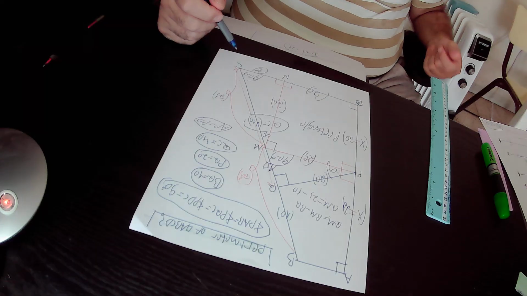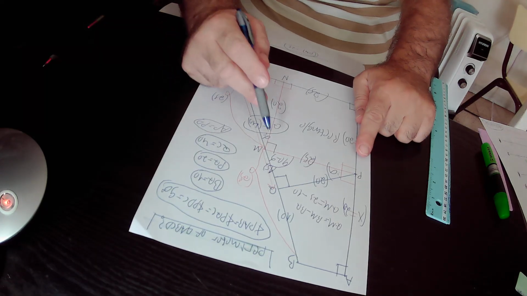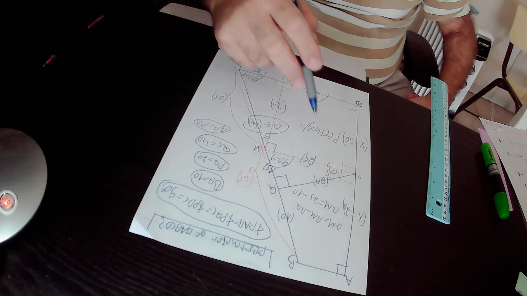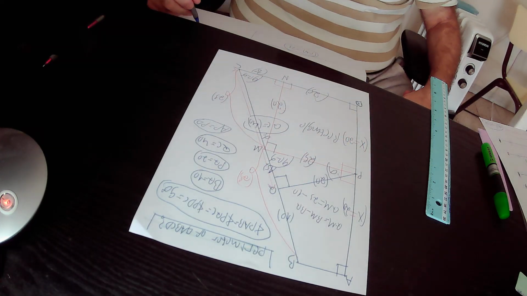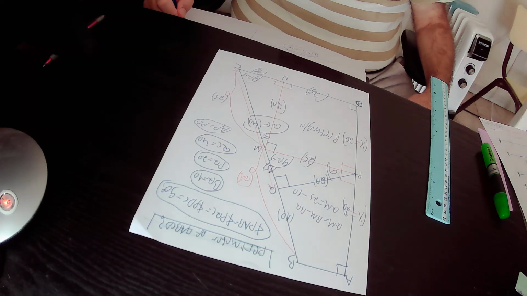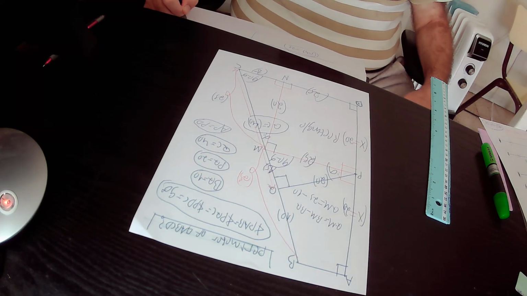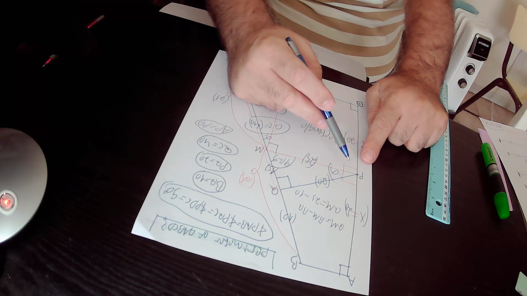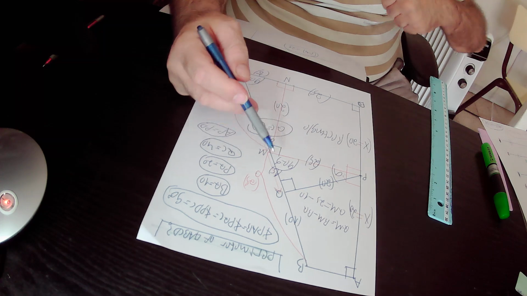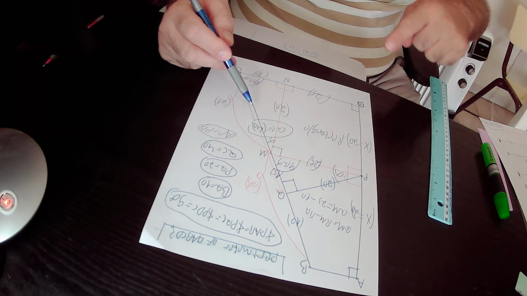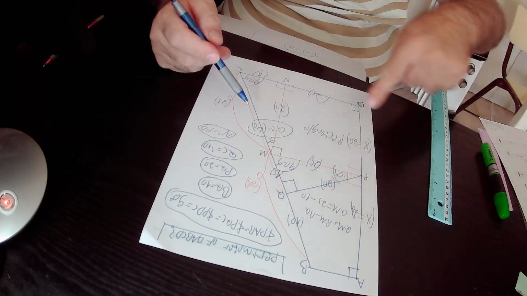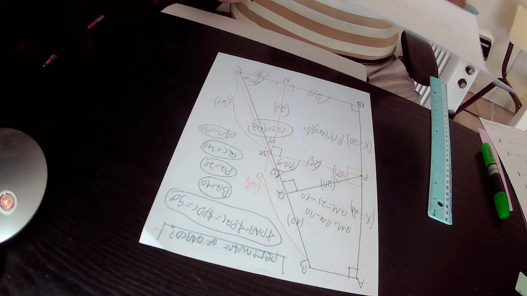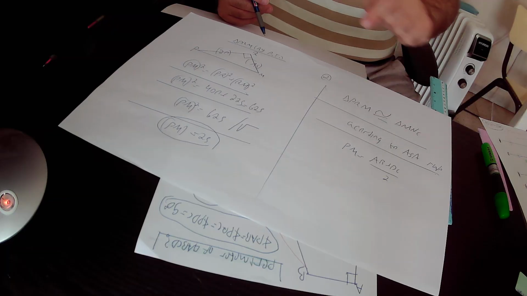And according to the mid-segment theorem, the length of PM equals the sum of its bases, that is AB plus DC, divided by 2.